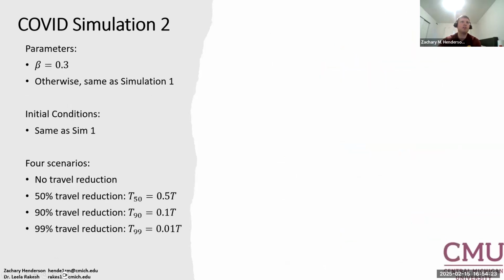Secondly, for our second simulation, we just made the beta parameter a little bit larger, so the infection spreads a little bit quicker, just to keep the results closer together. But we use the same initial conditions and parameters as the first simulation, and we take 4 different scenarios on travel reduction. To reduce travel, all we need to do is multiply our transportation matrix by a scalar.